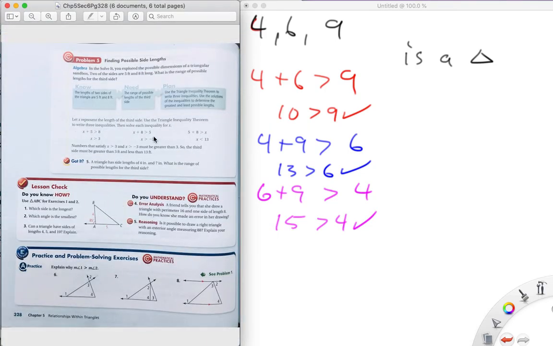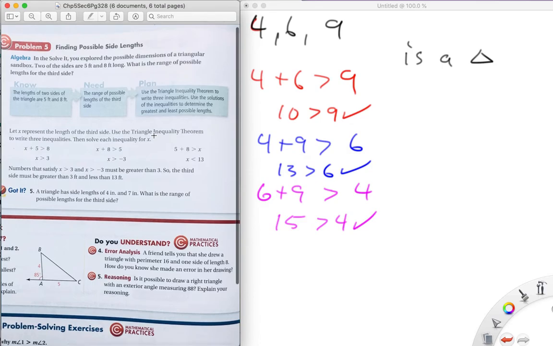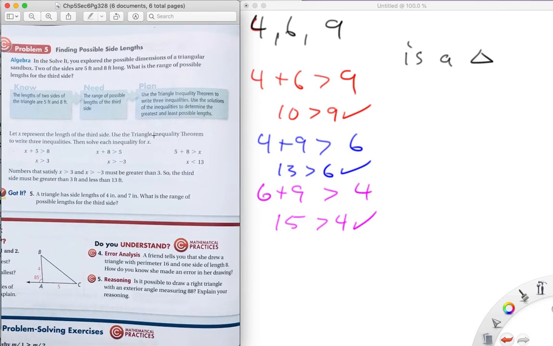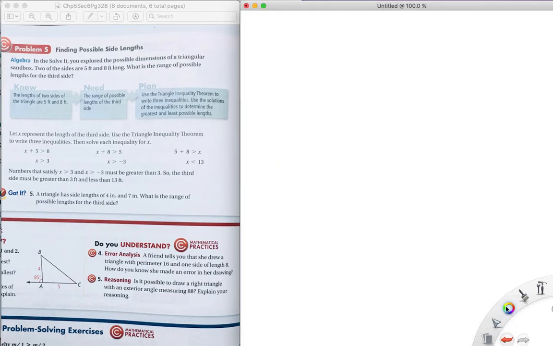Okay. And then here, as for possible side lengths, they're going to give us 2 of the sides, and we have to find the range of the third side to see if we can have enough to make it fit for a triangle.